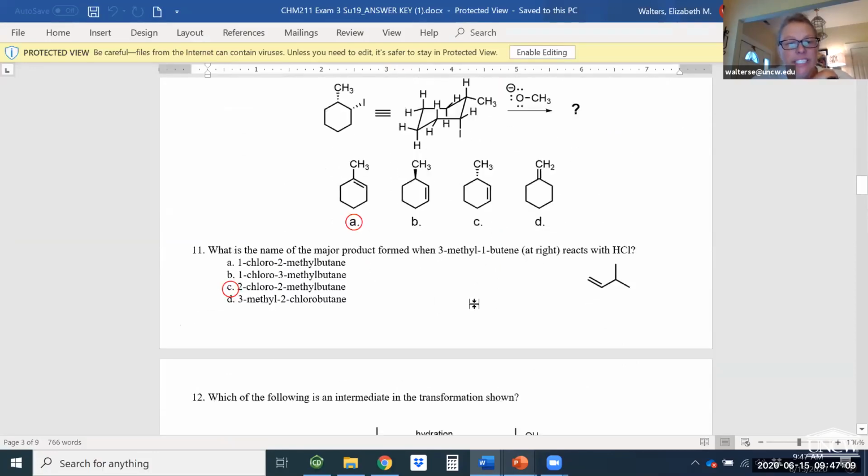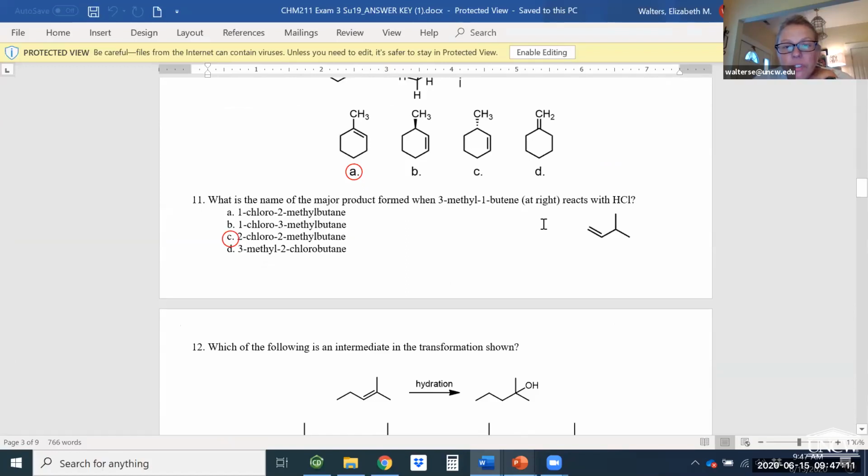What is the name of the major product formed? Okay, this one is tricky. The reaction is not hard. The problem in terms of this question is that you have to draw the product and then name it. So it ends up taking it another step.